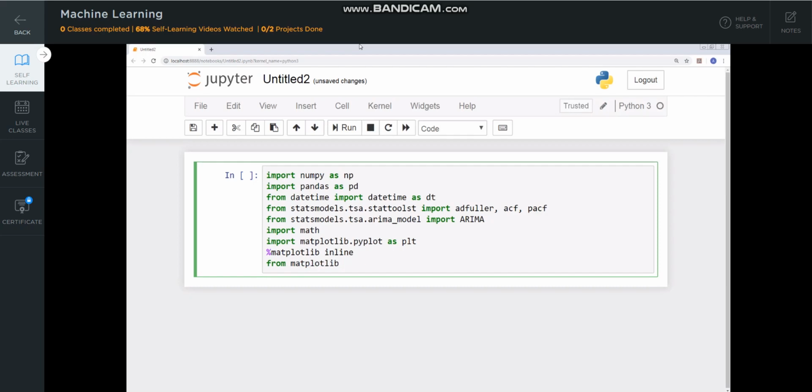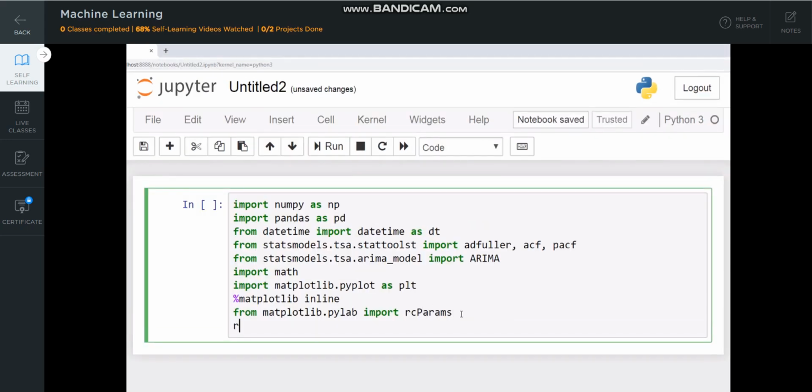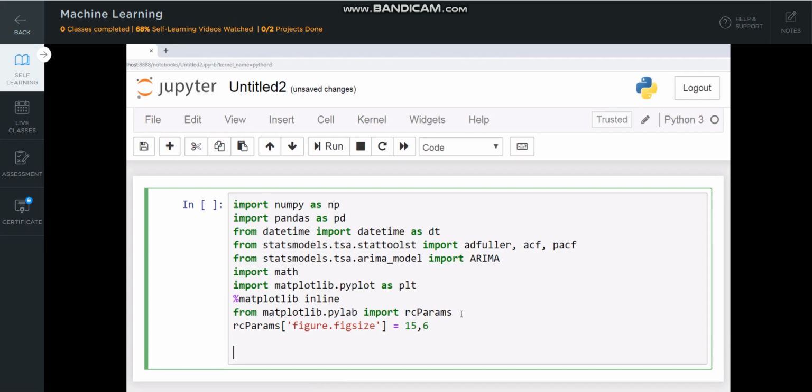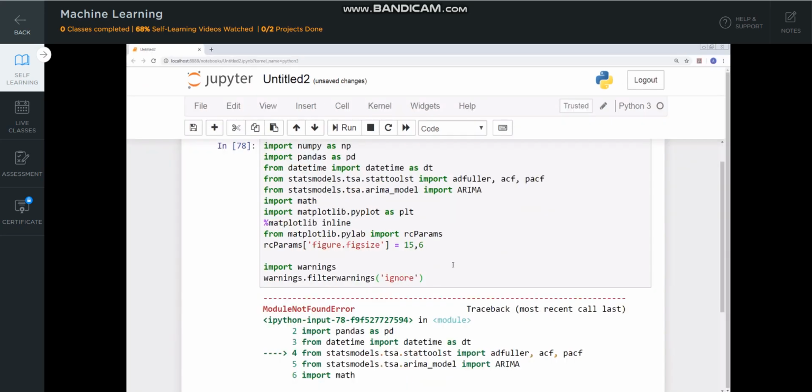Importing rcParams from pylab. Importing the warnings library to disable Python warnings: import warnings, warnings.filterwarnings ignore.